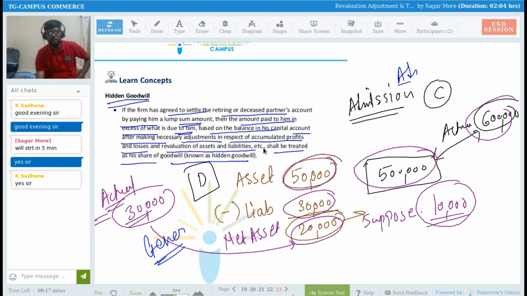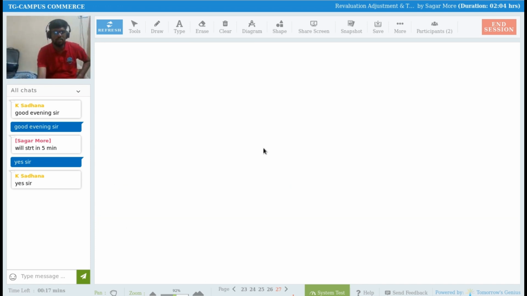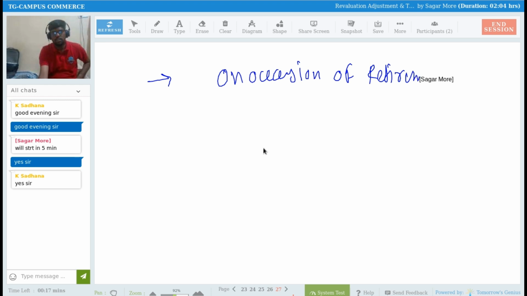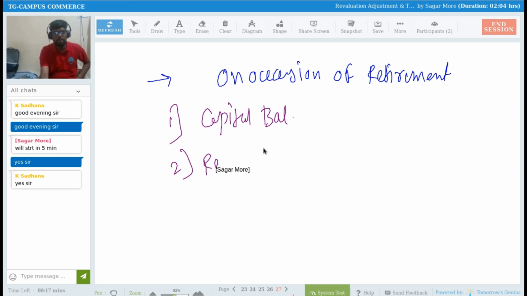So if you remember, I have told you, sir, on occasion of retirement of a partner, I need to repay his share of goodwill. Okay, what I need to repay on occasion of retirement, you have to pay back to the retiring partner. First thing is capital balance, his capital balance. Then I need to pay him revaluation profit share.